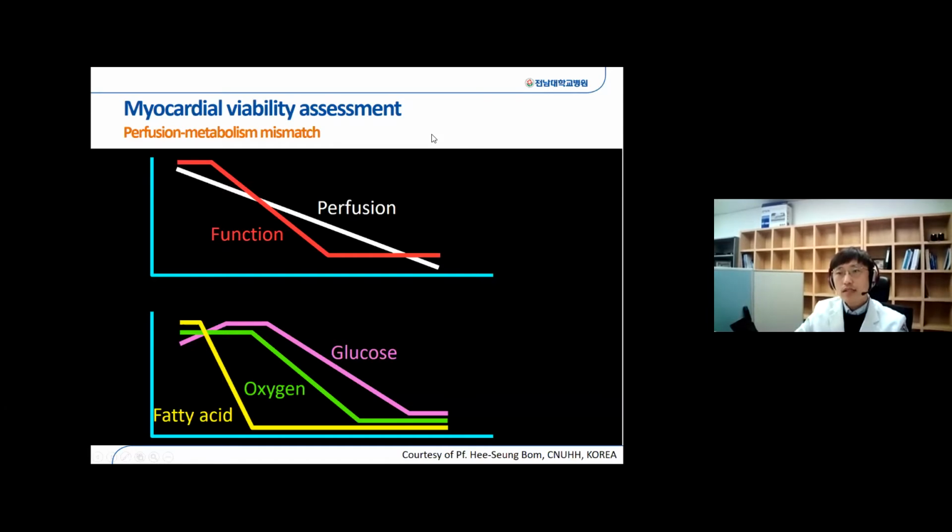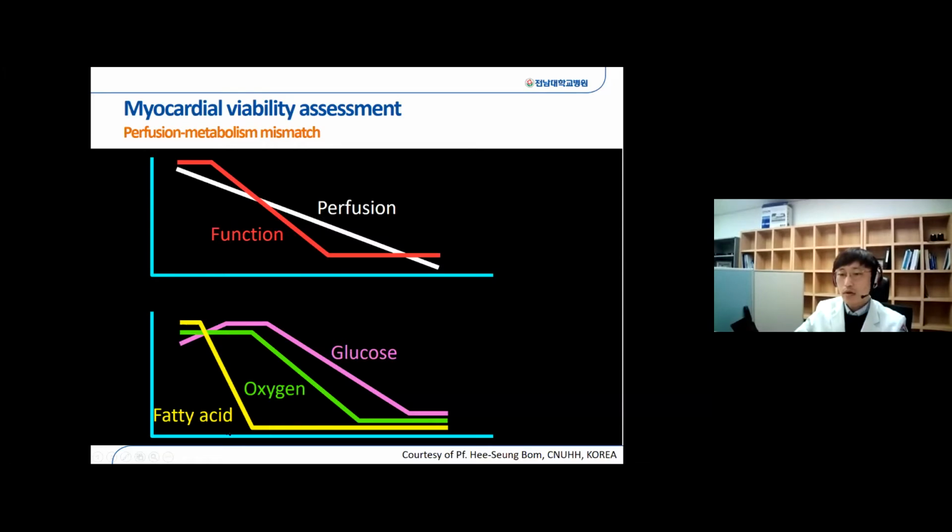The concept of perfusion-metabolism mismatch is commonly used for the decision of myocardial viability. This is the conceptual diagram showing the change of myocardial metabolism by gradually decreasing perfusion. Here, as the perfusion goes down, the function is decreased after a certain point of hypoperfusion.